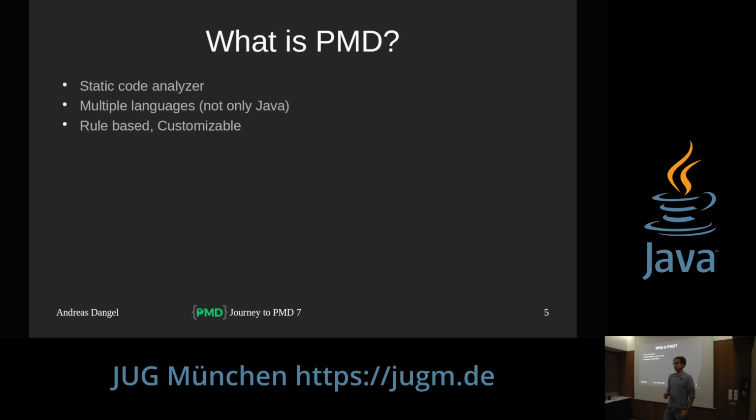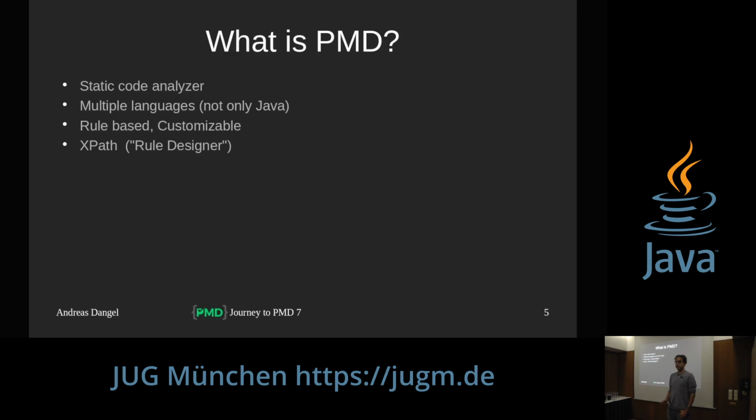But there is the other possibility to write rules in an XPath expression. So you can query basically your source code and find the problematic patterns. And to help in developing these XPath-based rules, we have also an application called the Rule Designer, which shows you what the source code looks like, and you can try out the XPath queries there.